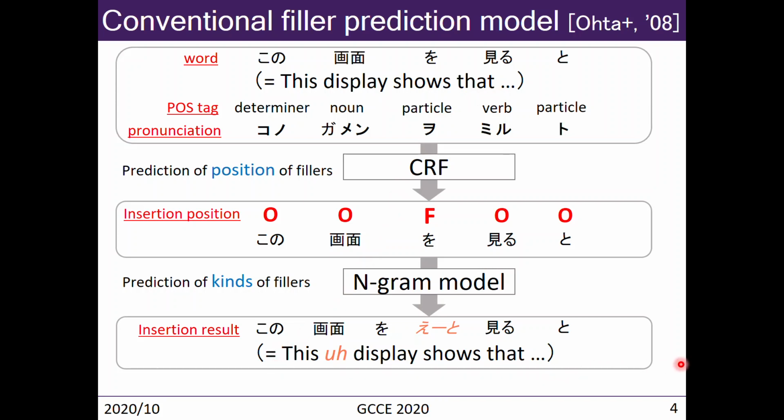This model inserts fillers into an input sentence in two major processes. The first step is to predict the position where filler will be inserted based on the CRF. The next step is to predict what kind of filler will be inserted using an n-gram model.